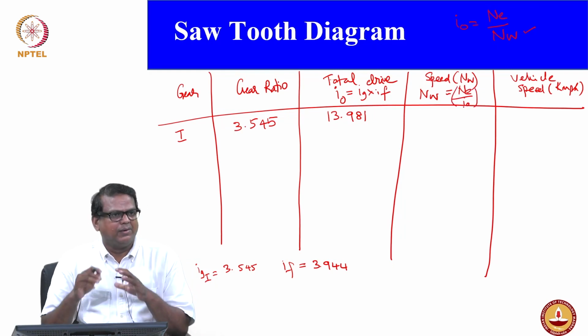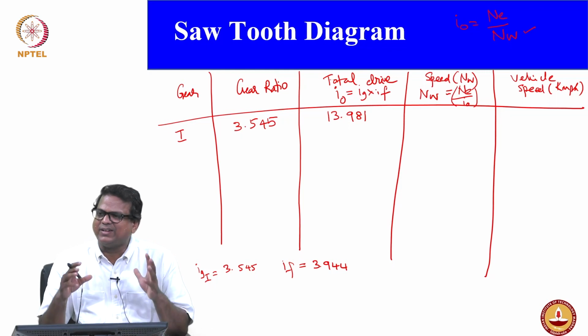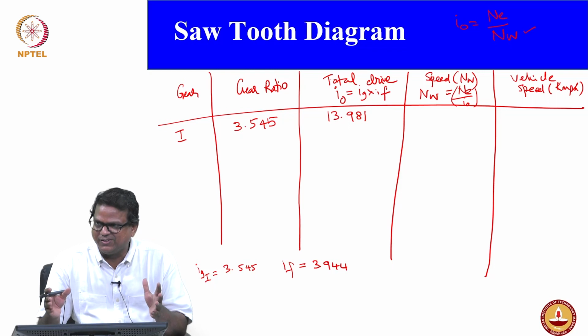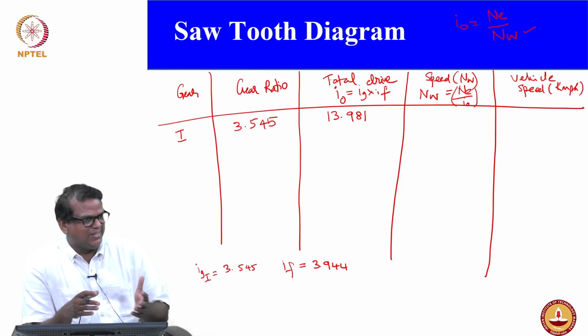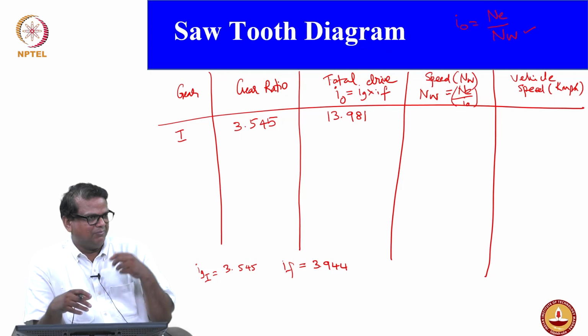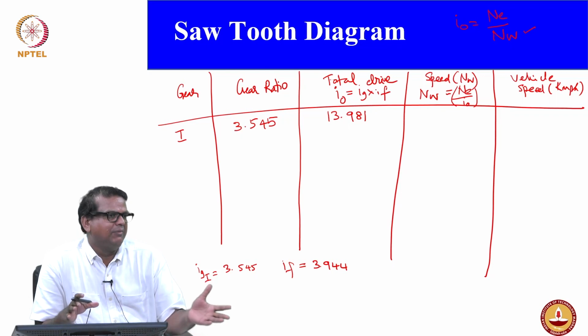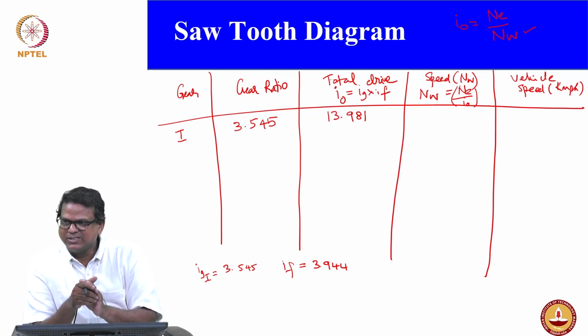Remember, at the moment we are not considering the transmission efficiency. Sometimes the efficiency also will be taken into consideration. At the moment, whatever input speed we get from the engine, we are taking straight away. If the problem gives an efficiency of 95%, you also have to include that in this speed calculation.